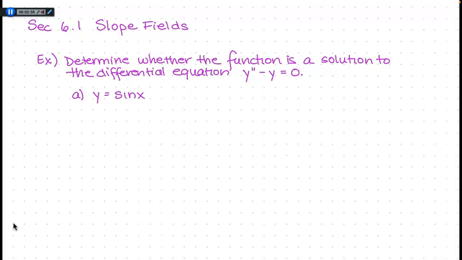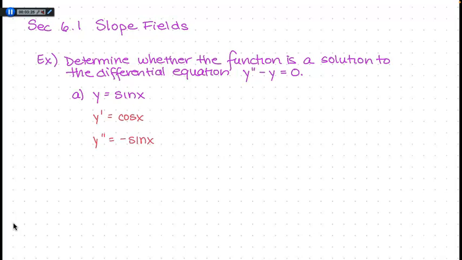Find the second derivative, that's exactly it. Since that differential equation has a second derivative in it, let's find the second derivative and plug it in, see if it makes it true. So what is the second derivative for sine x? Yes, negative sine x, because y prime is cosine and y double prime is negative sine x.